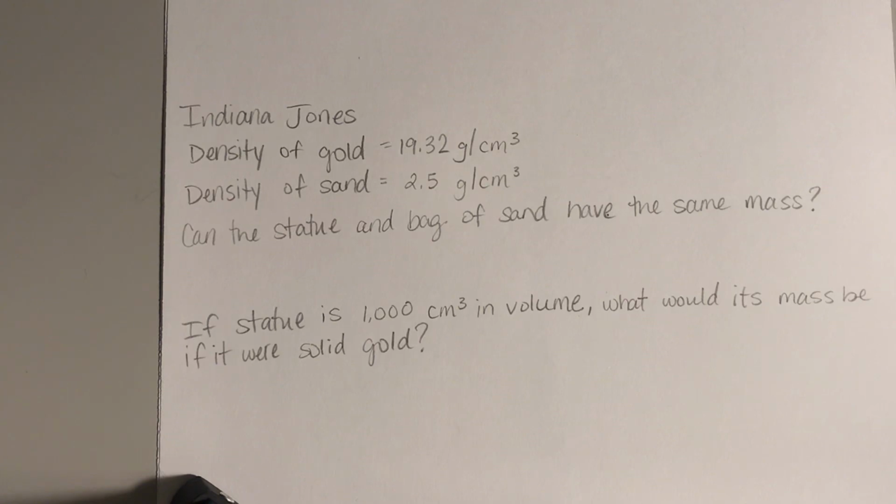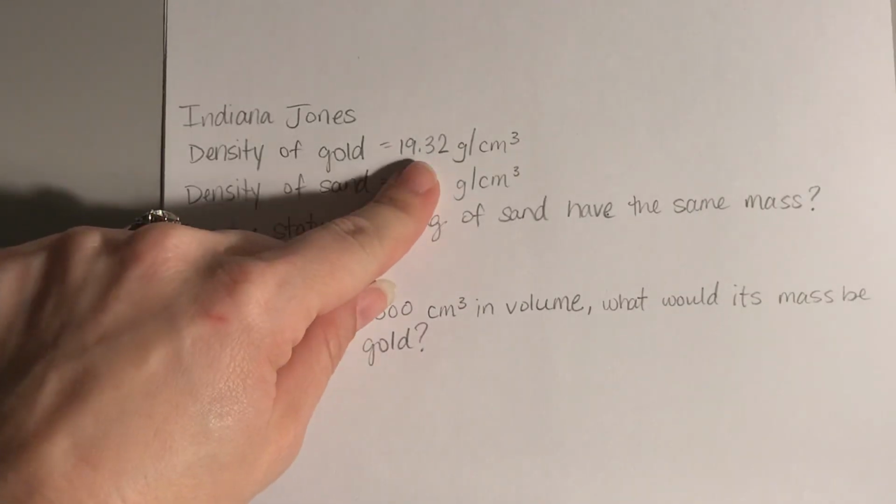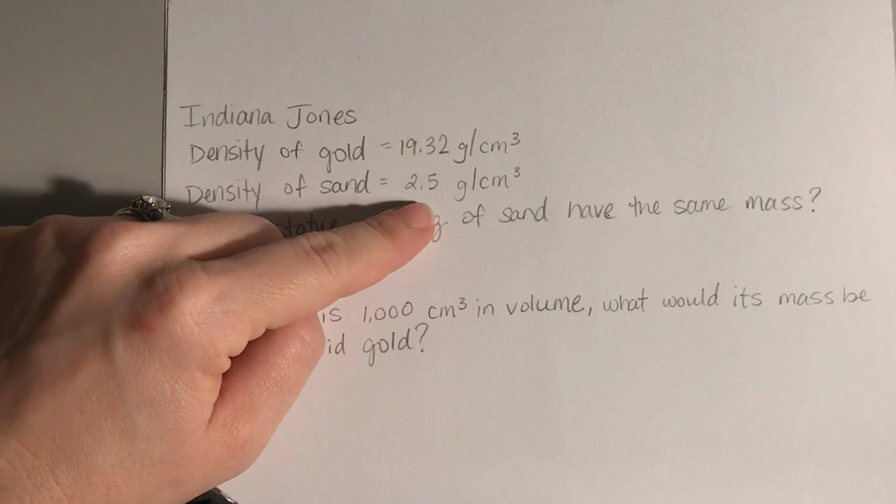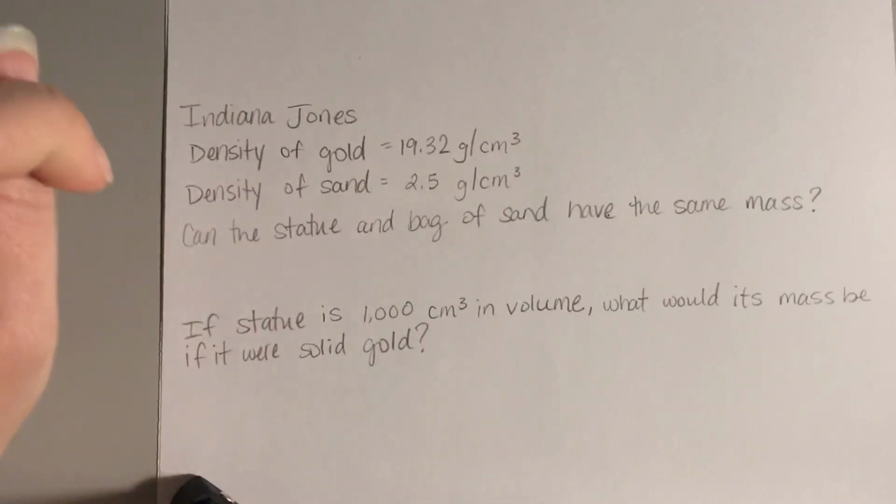And think about how much a bag of sand weighs. A bag of sand that was about as big as he was holding, and then how much something that is solid gold would weigh. The density of gold is about 19.32 grams per cubic centimeter. That's pretty heavy. The density of sand, 2.5 grams per cubic centimeter.